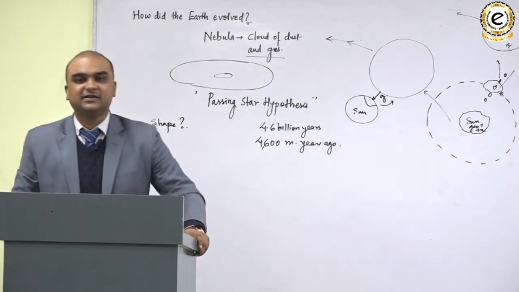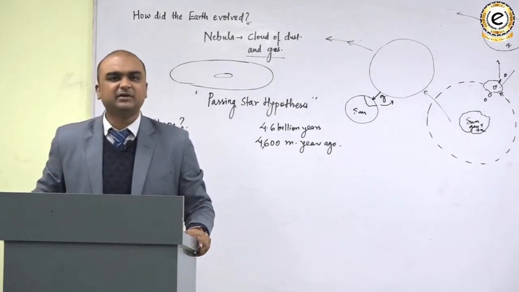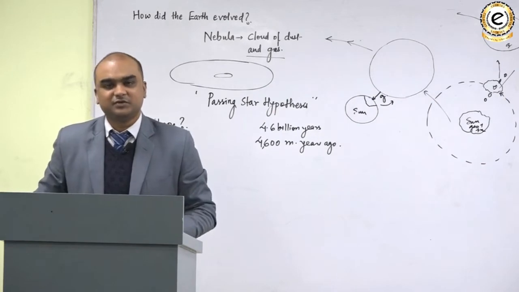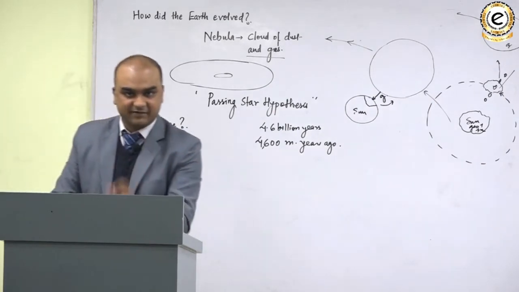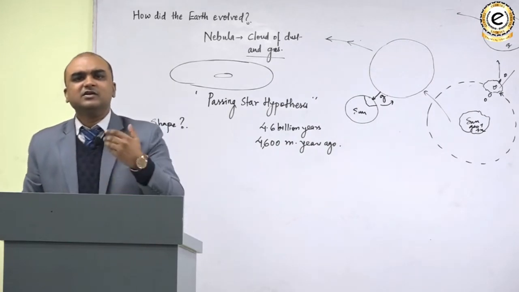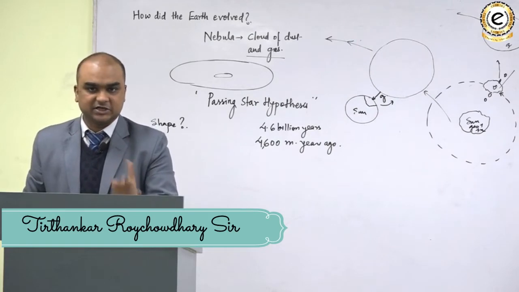In fact, the shape of Earth is geoid. Remember the term geography, which was derived from two Greek words, geo and graphy. Geo was short form for geoid, and geoid means earth-like or earth-shaped.